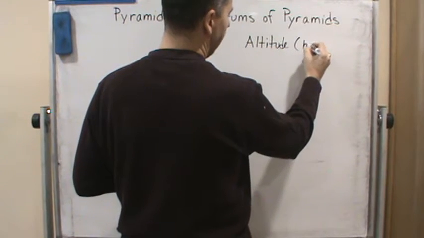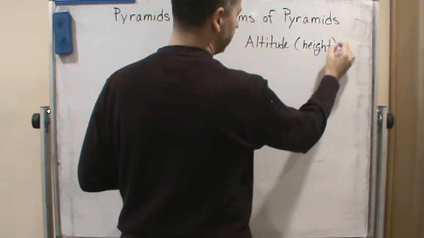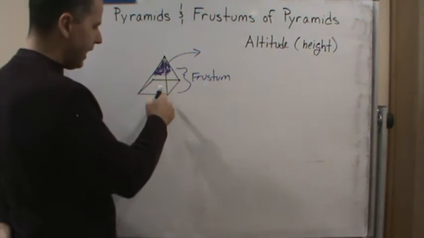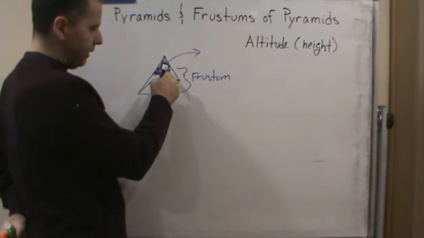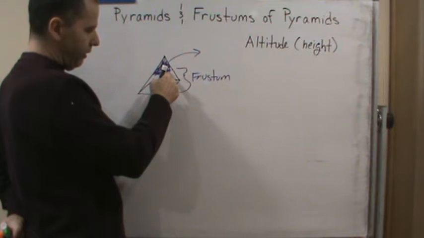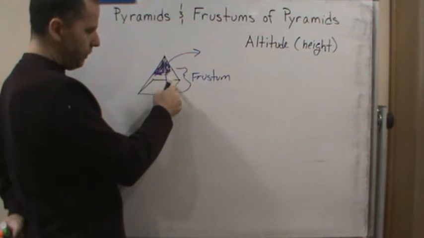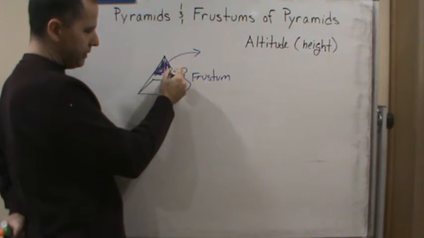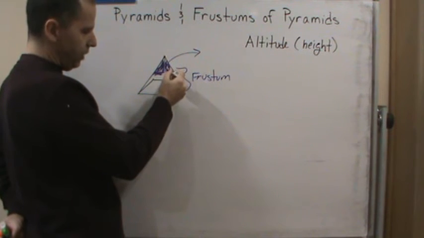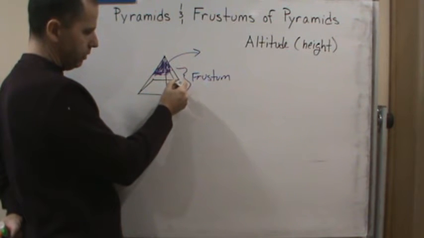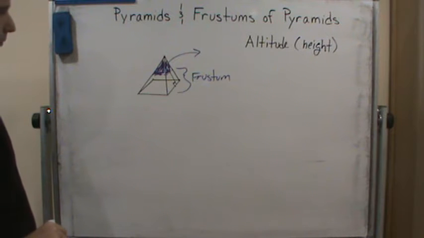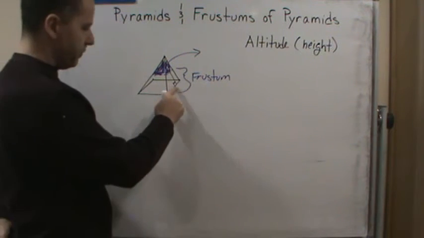Or height. Okay, so make sure you write that down. And then, of course, the slant height. The slant height of the frustum is going to be, from the side of the pyramid, the perpendicular line that goes from the middle of the edge at the top all the way down to the edge of the base.